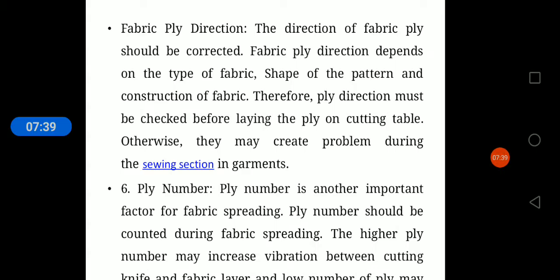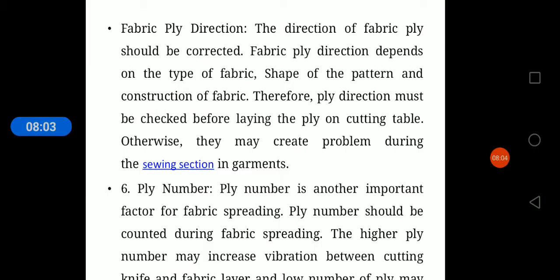The direction of the fabric ply should be correct. Fabric ply direction depends on the type of fabric, shape of the pattern, and construction of the fabric. Therefore, ply direction must be checked before laying the ply on the cutting table, otherwise they may create problems during the sewing section in garments.